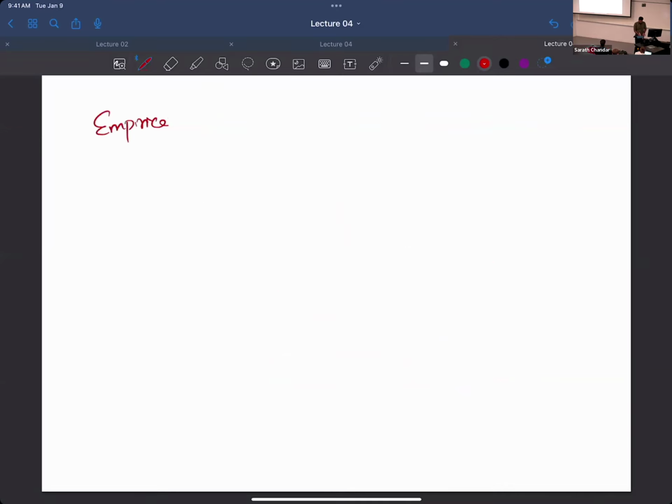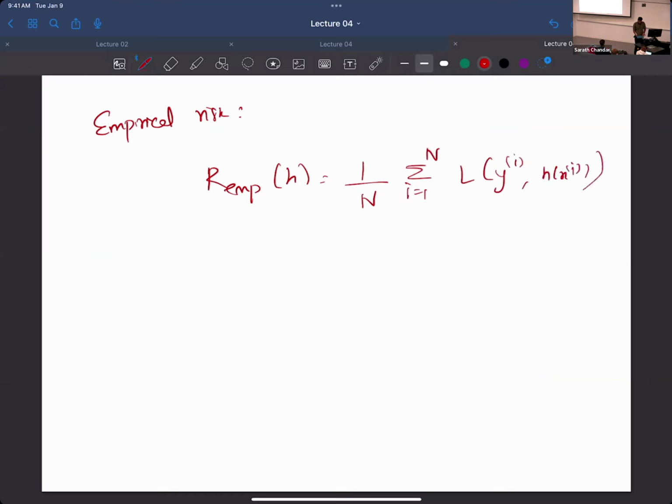The empirical risk is given by R_emp of h, which is basically 1 over n, summation i equals 1 to n, L of y_i, h of x_i. So instead of minimizing this loss for every possible x comma y, I'm going to minimize this only for the given n examples. Is that clear?